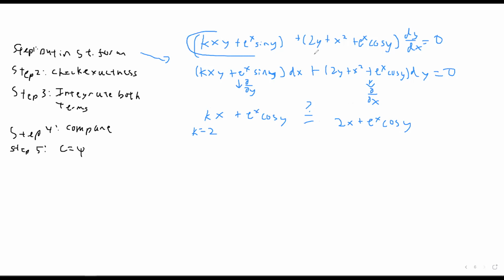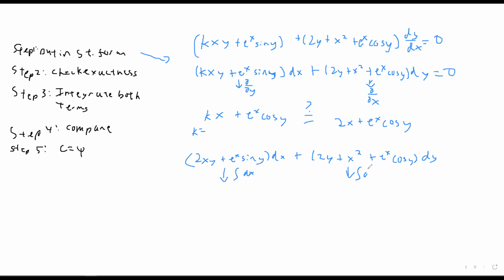So now we need to rewrite the terms and integrate them both. So let me rewrite, and then I'll put an arrow that shows you what to integrate next. So we'll write (2xy plus e to the x sine y) dx, where we plugged in the k that makes it work, plus (2y plus x squared plus e to the x cosine y) dy. The x term we integrate with respect to x, and the y term we integrate with respect to y.